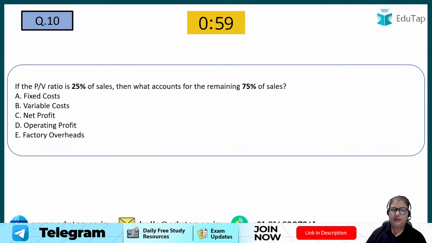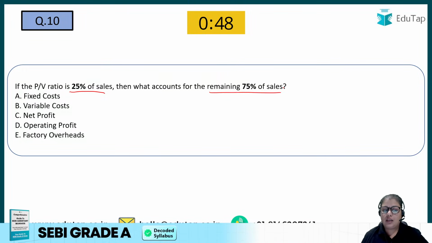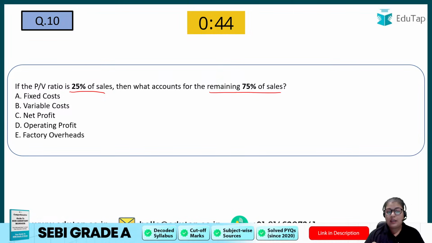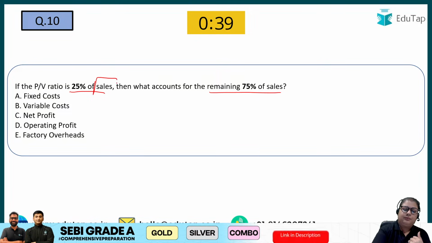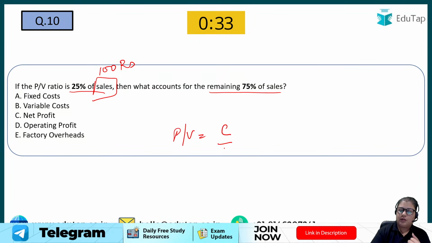Question number 10. What is question number 10? If the PV ratio is 25% of sales, then what accounts for the remaining 75% of sales? This question is easy and logic based. Okay, so when PV ratio is 25% of sales, for example my sales is 100 rupees, so they are saying PV ratio is equal to contribution upon sales.